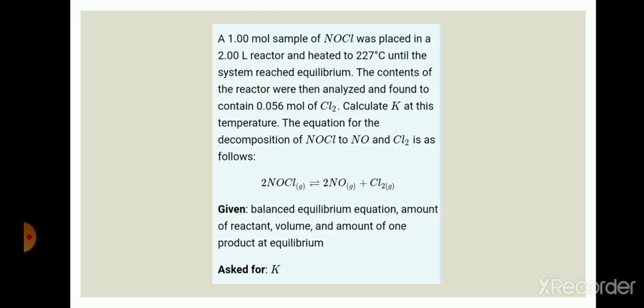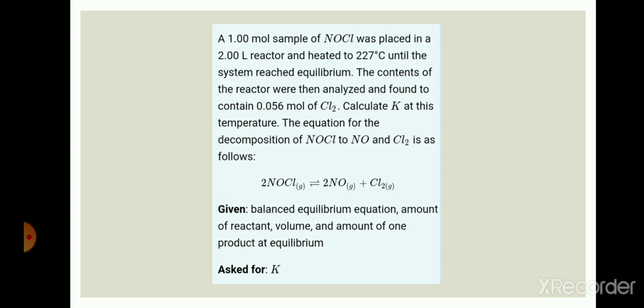For problem number 2, a 1.00 mole sample of NOCl was placed in a 2-liter reactor and heated to 227 degrees Celsius until the system reached equilibrium.